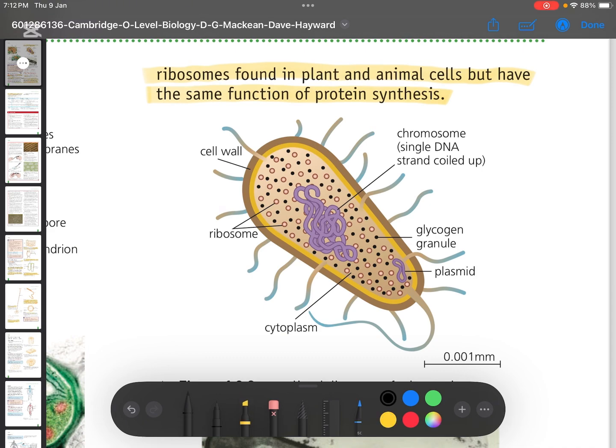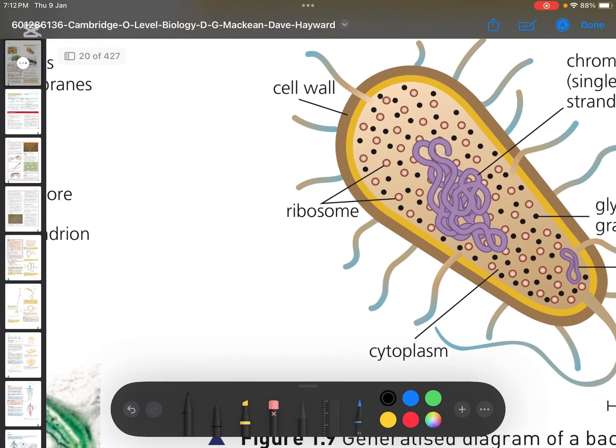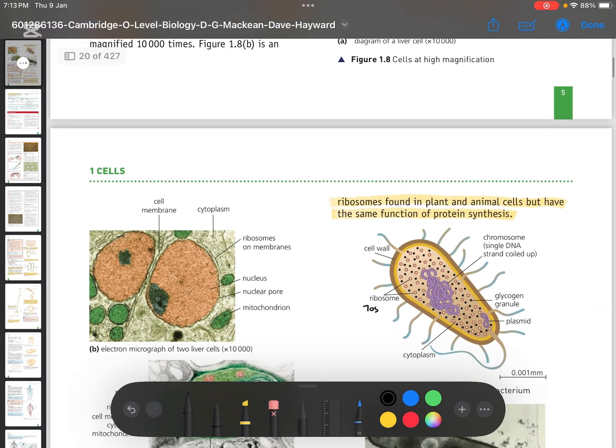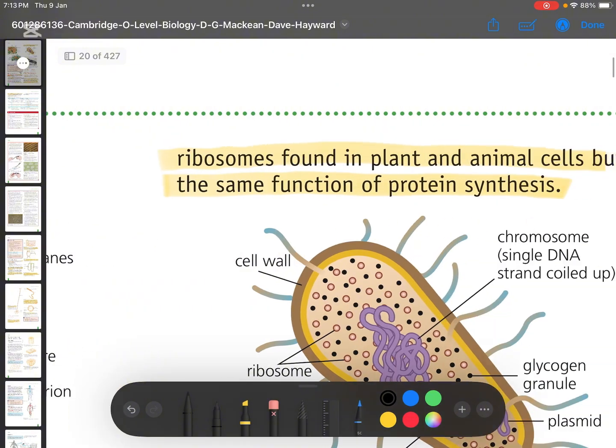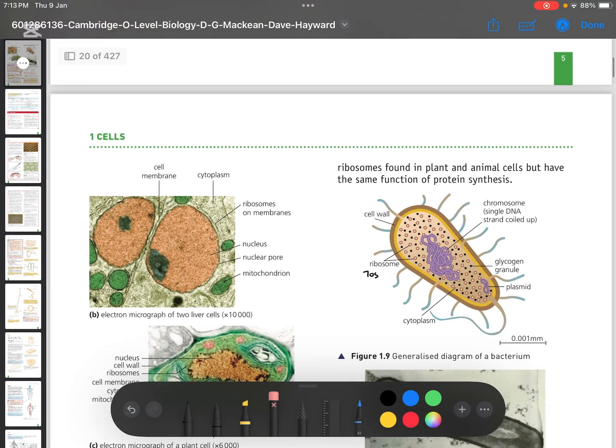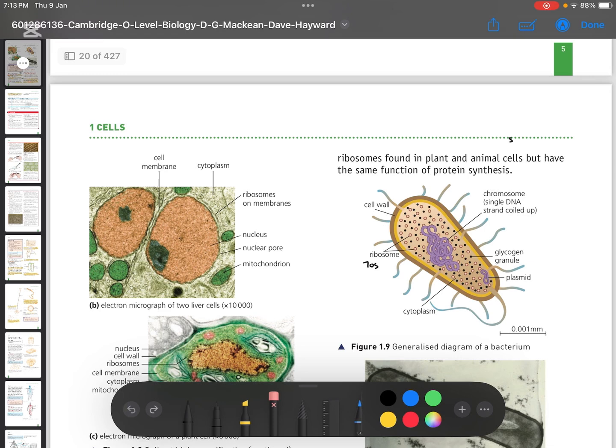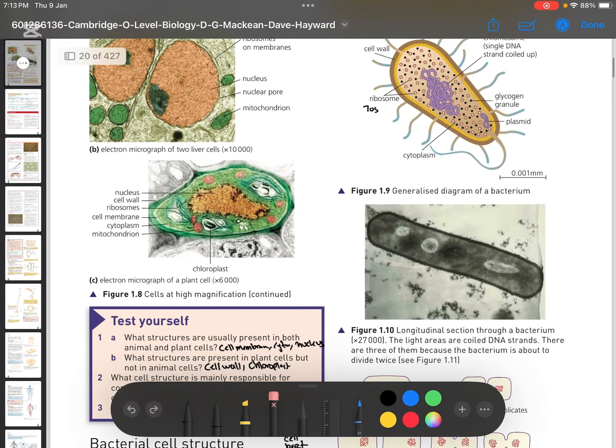If we be really specific, you further will know that the ribosomes in the bacterial cell are basically 70S ribosomes, and the ribosomes in the animal and plant cell are 80S ribosomes, and hence the ribosomes in the bacterial cell are smaller, right? I hope you understood that well. So that's basically a little more in-depth knowledge on why the ribosomes are smaller in the bacterial cell.